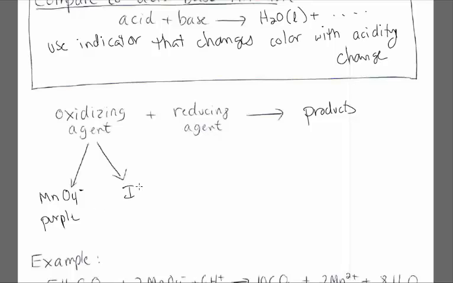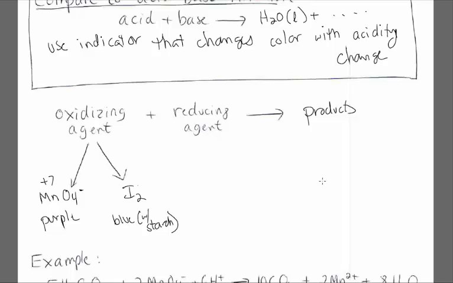Another species that can be used is iodine, which is blue in the presence of starch. So you can use the absence or presence of blue to tell when iodine has changed oxidation states. In permanganate, the oxidation number of the manganese is +7.